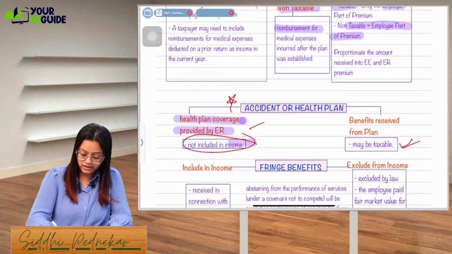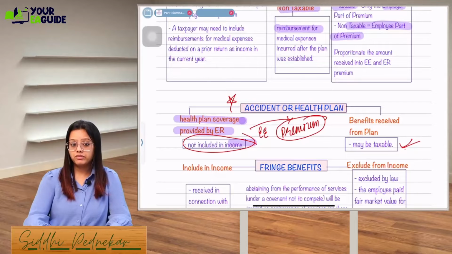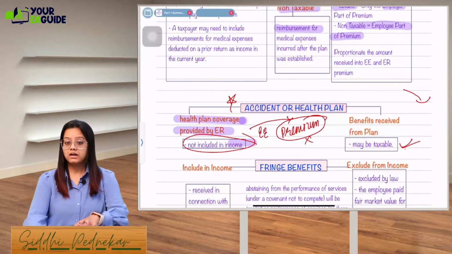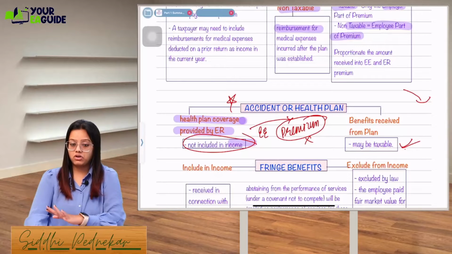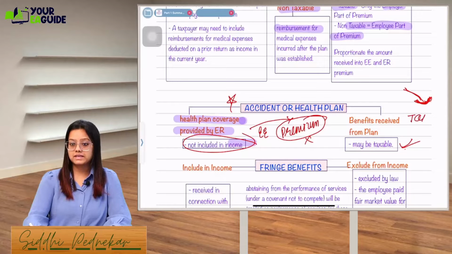Meaning, when the employer is paying the premium, this premium will not be taxable, but when the person meets with an accident or due to any health related plans, when they receive the benefit, it will be taxable. Only the benefit.